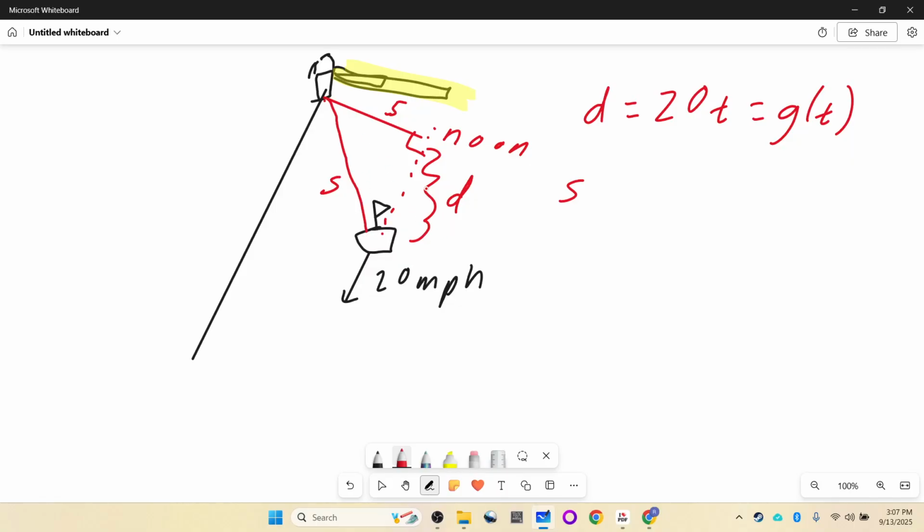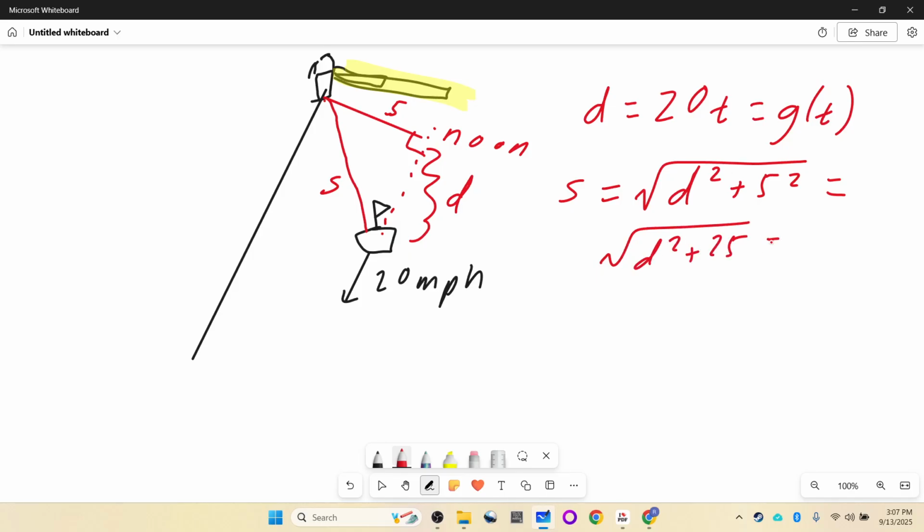But if we do it in two separate pieces, first find D as a function of time, then find S as a function of D. S is equal to, by the Pythagorean theorem, the square root of D squared plus 5 squared, or the square root of D squared plus 25, and they want to call that F of D. F is a function of D.